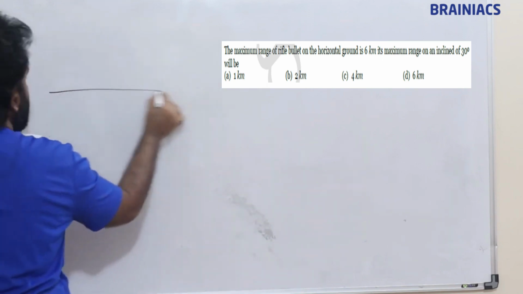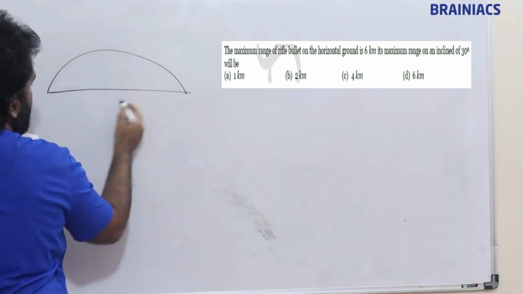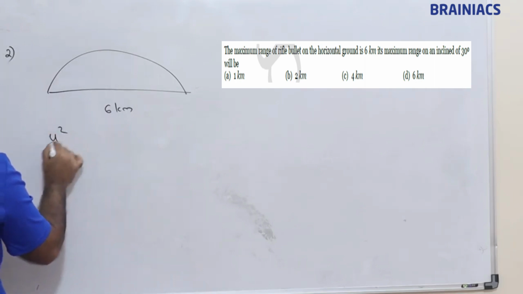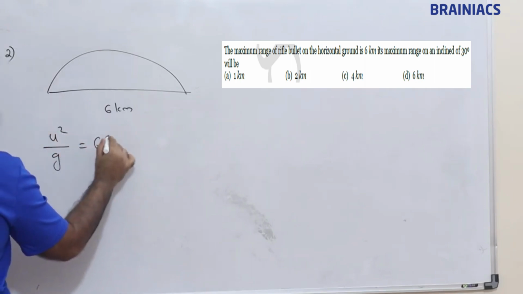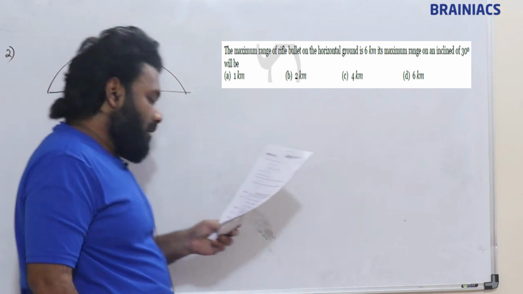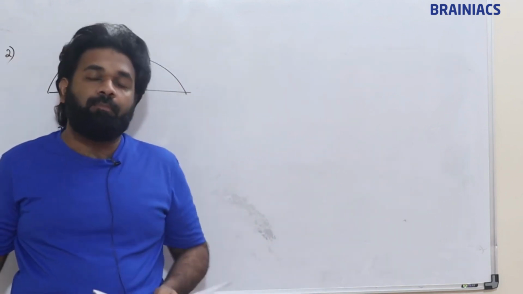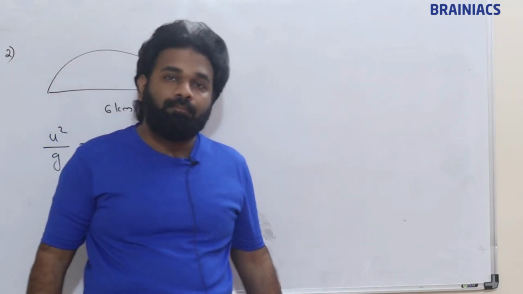So u square by g is equal to 6 kilometer. Now what they are asking is its maximum range on an inclined plane of 30 degree.